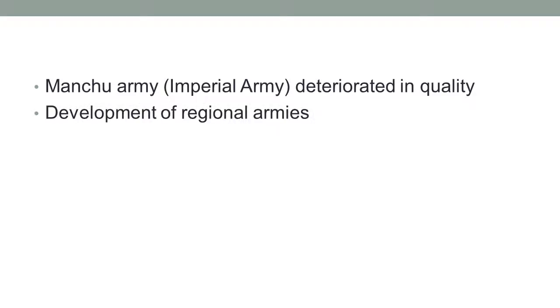And so that means that now we have the development of regional armies. So increasingly, as the Manchurian army, and not Manchurian from Manchu, but the Qing army deteriorates in quality, it is unable to keep control over lands that were historically ruled by China.